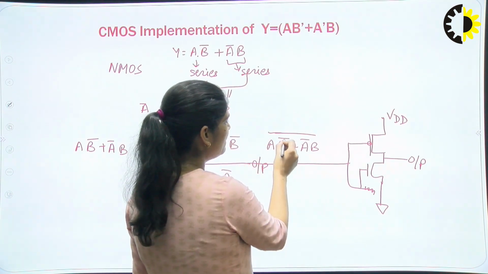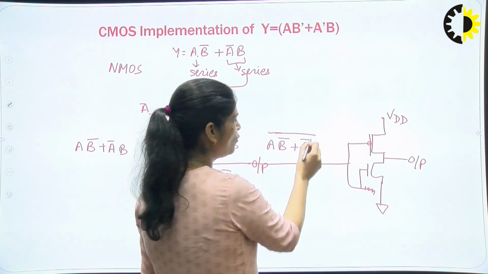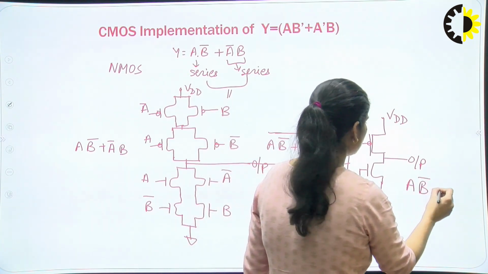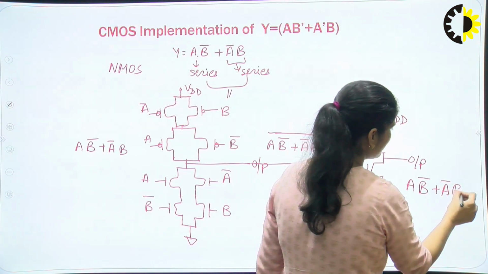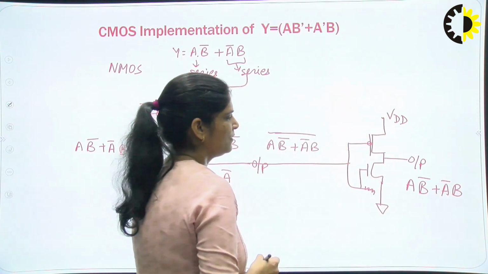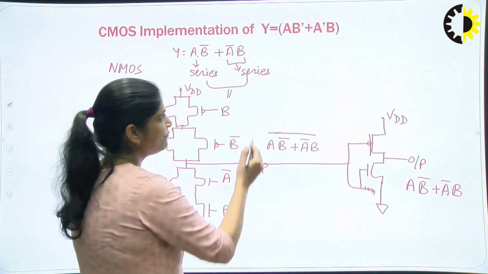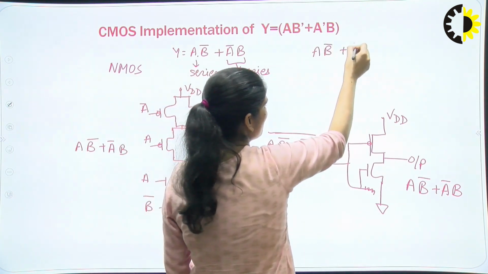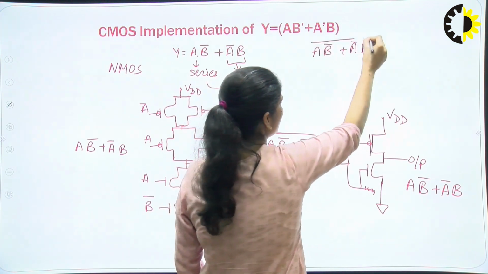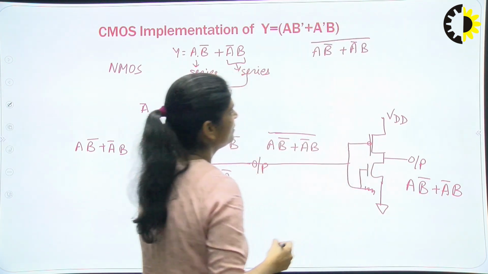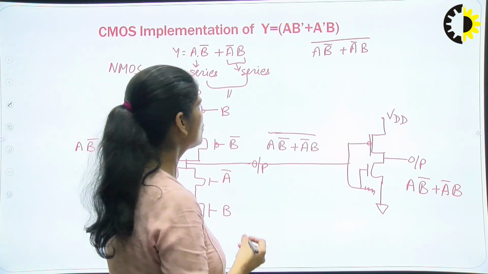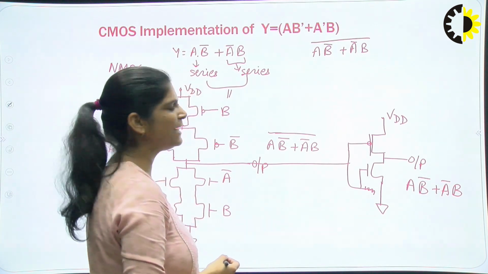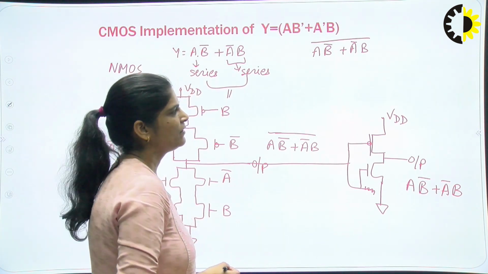So here A B bar plus A bar B ka whole bar goes in, and you will get output in the form A B bar plus A bar B. Okay, it means if you take input A B bar plus A bar B ka whole bar, then you will get this original logic circuit output. So this is the CMOS implementation of this example, Y is equal to A B bar plus A bar B.